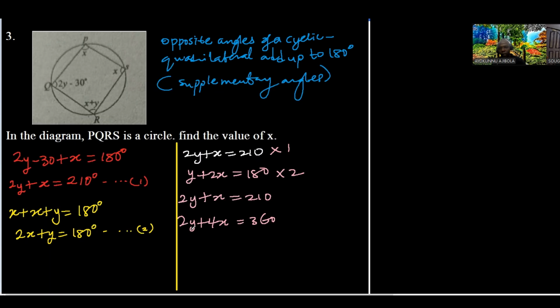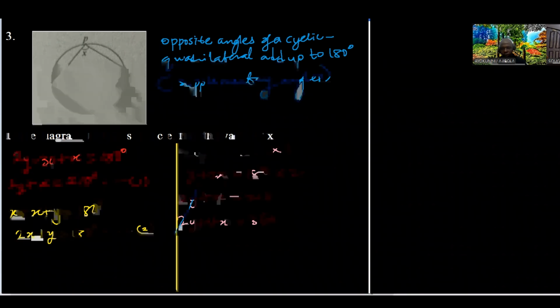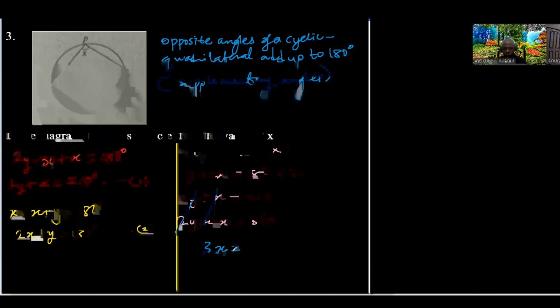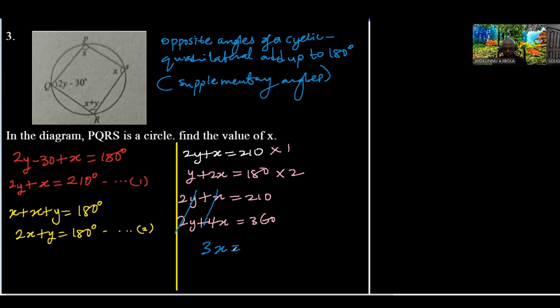So having said that, we have equation 2 minus equation 1. Then the difference here is 3x. What is 360 minus 210? That is 150.